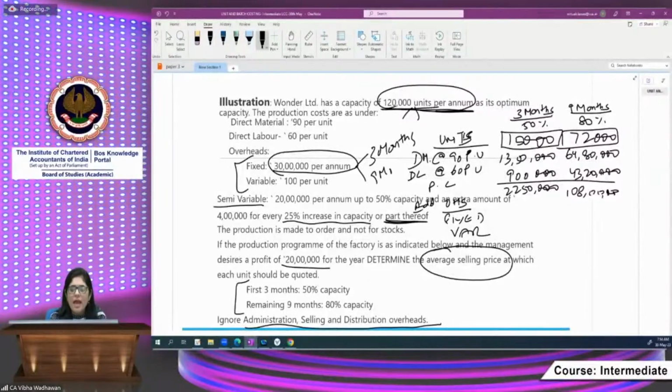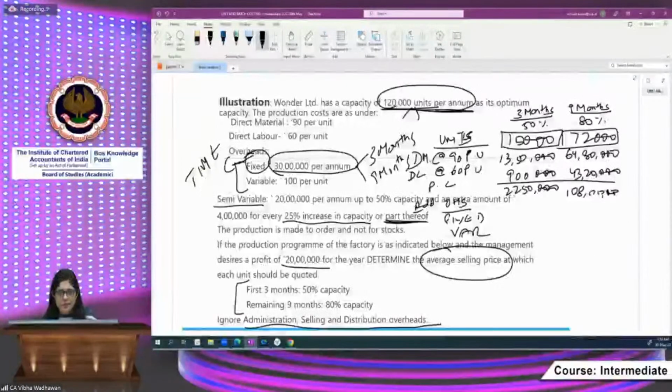I'm repeating: fixed overheads are based on time and not output. They will not change as per output; they will change as per time. Fixed will remain fixed. So take the fixed cost for 3 months and for 9 months.